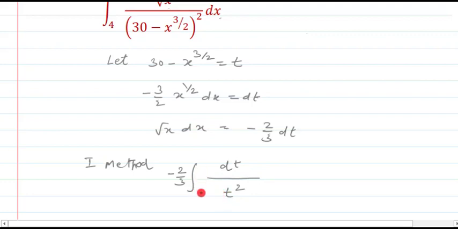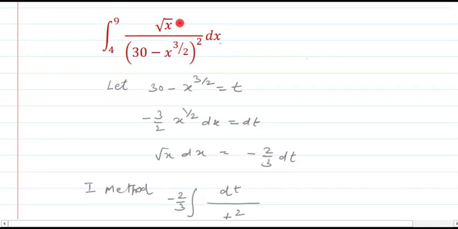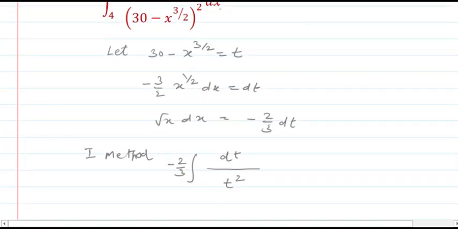Why are we not taking the limit over here? There is one reason. This limit 4 to 9 is meant because of x, but here we are using the variable t. So this 4 to 9 will not justify the variable t. That's why after calculating the integration, we'll use the limits finally.